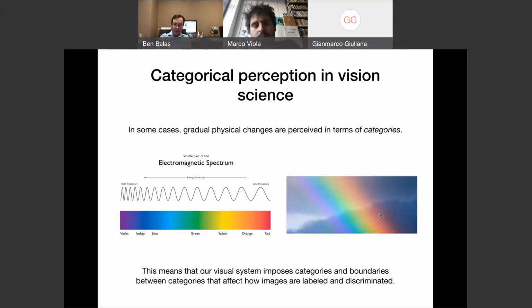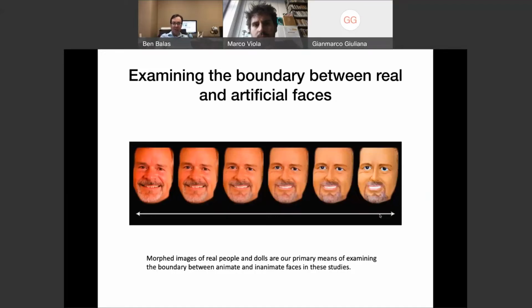It turns out that we can think about that same kind of principle with regard to how artificiality is perceived in faces too. Now, I don't have a sort of real physical stimulus like light to play with here, but we can create a continuous transition between real and artificial appearance by using some tools from computer graphics.